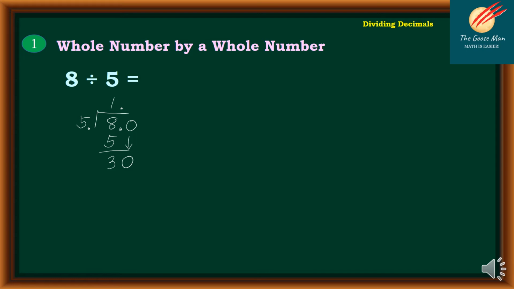So 30 divided by 5 will give us 6. Then multiply 6 times 5, so we have 30. Then subtract. So this will give us 0. So therefore, 8 divided by 5 will give us 1.6.